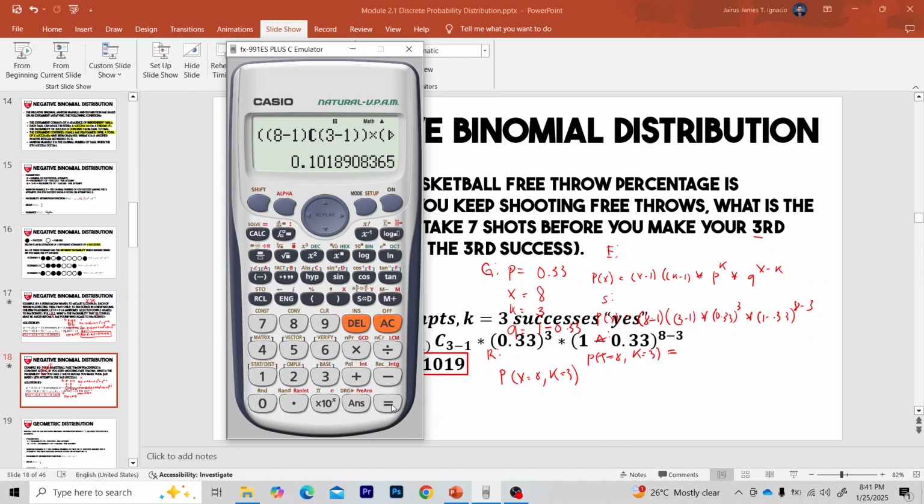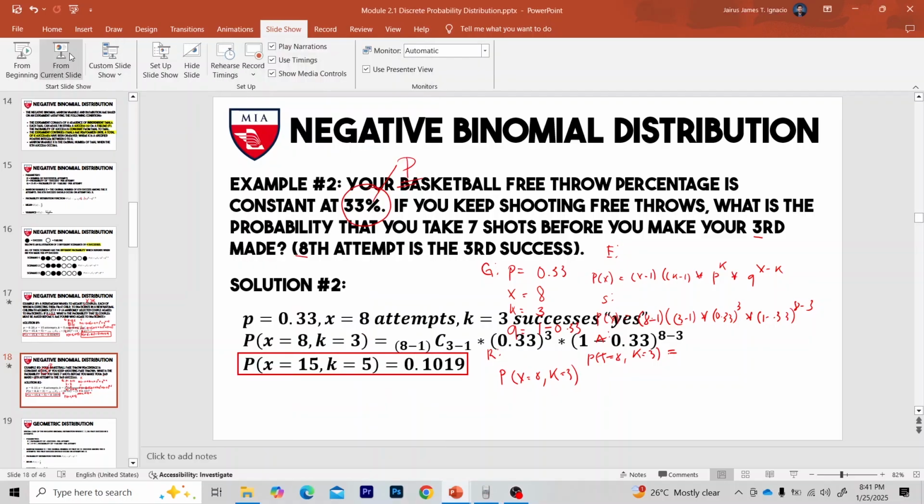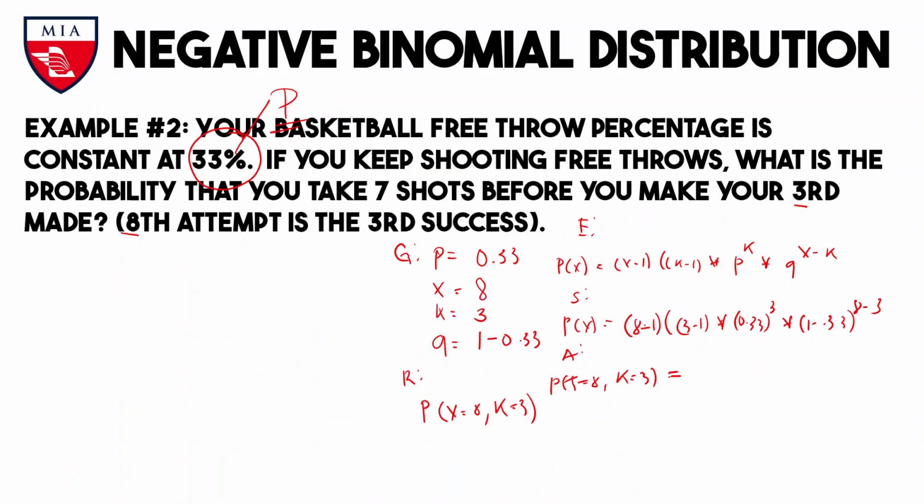So we have an answer of 0.1019. Okay, so that's how we solve this problem. Always remember, in terms of negative binomial distribution, the value of x is always greater than the value of k. Remember that clue. Okay?